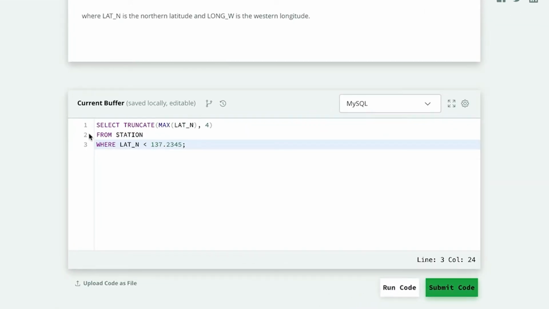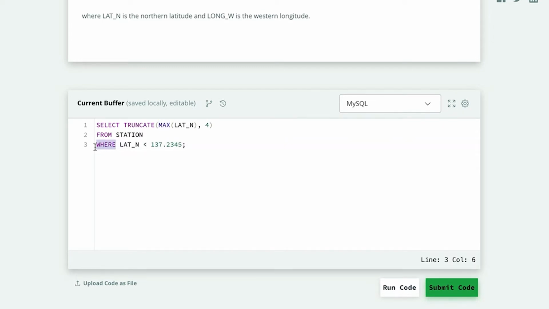In the question, we have to query for the largest value of the northern latitude, which is less than 137.2345. For the greatest value, we will use the max function. And as we want the result for the northern latitude less than 137.2345, we will define the filter condition in the query using the where clause.